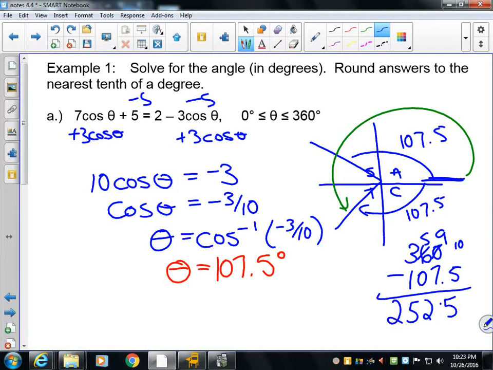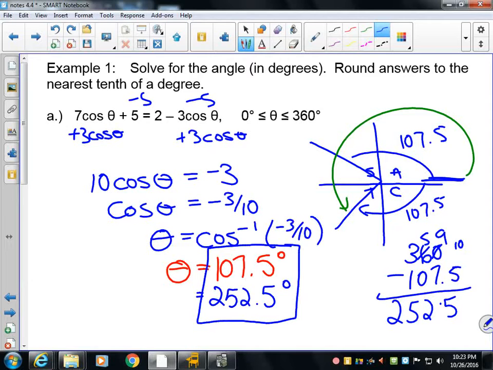We get 252.5. So our two angle measures are 107.5 and 252.5.